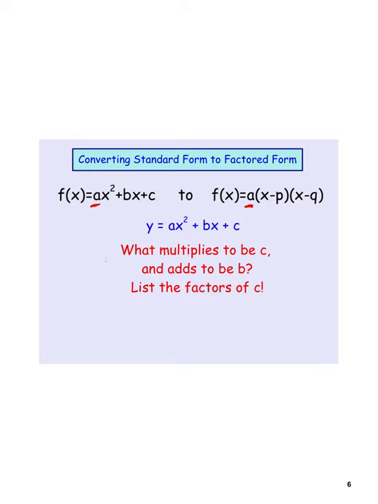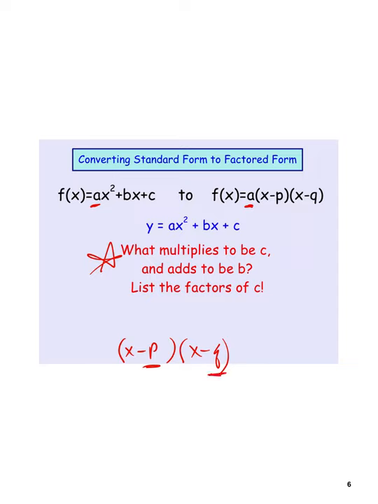But what we're really looking for is this right here. When we write this, x minus p and x minus q, what we want to find is two terms that multiply to be that c.